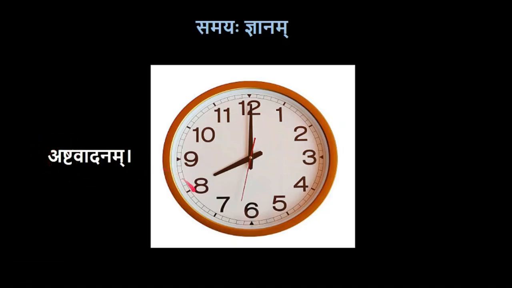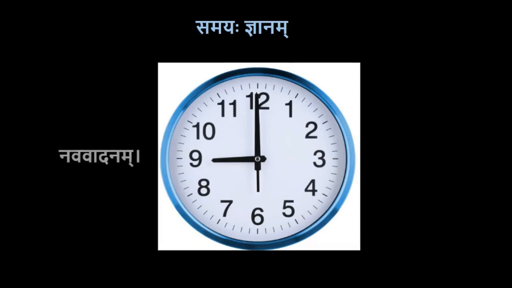Ashta is 8 and the hour hand, or the Hora, is on 8, and the minute hand, or Nimeshaha, is on 12. So we can say Ashtavadanam in Sanskrit, 8 o'clock. Navvadanam. The hour hand is on 9 and the minute hand is on 12.